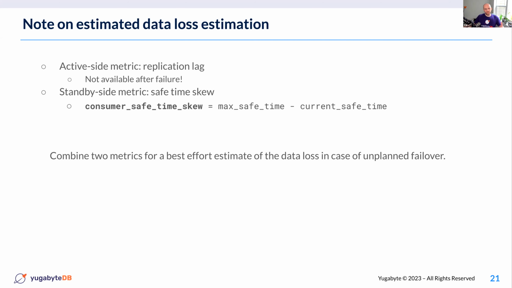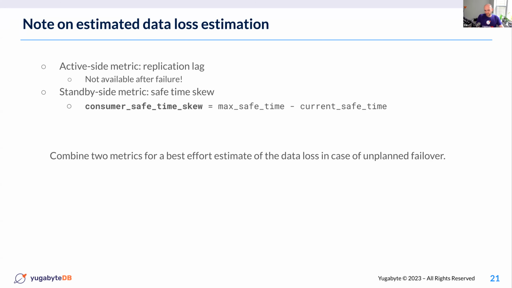Coming back to the replication lag, it's important to note that it's not available after the failure. So the typical approach is to monitor the replication lag, so that you know the latest value before the failure, and then combine it with the current safe time skew, and that would give you the estimated data loss.